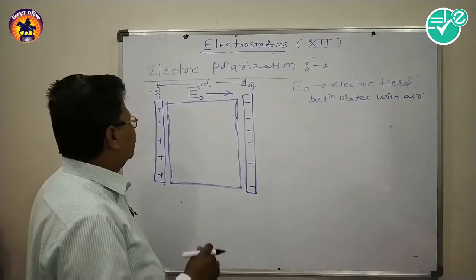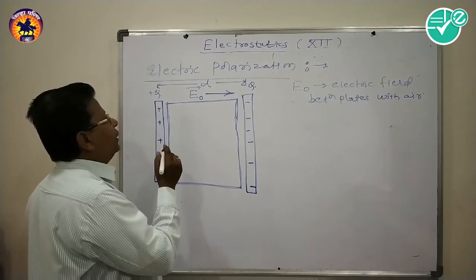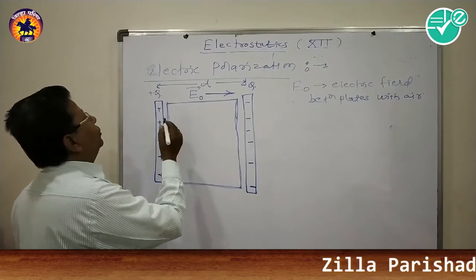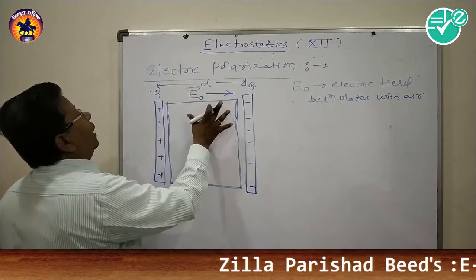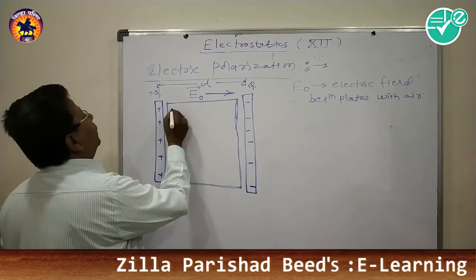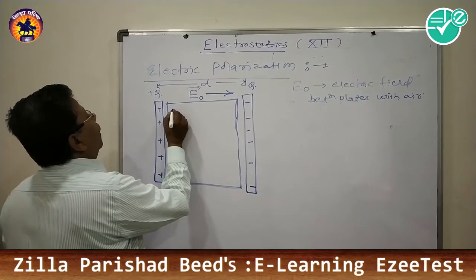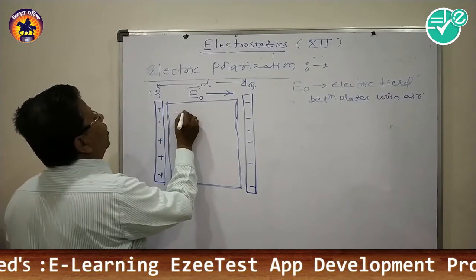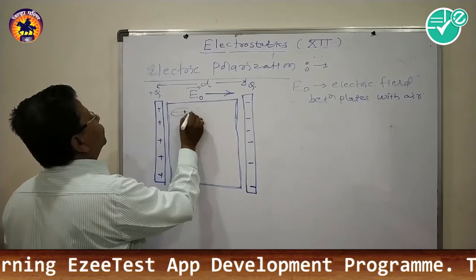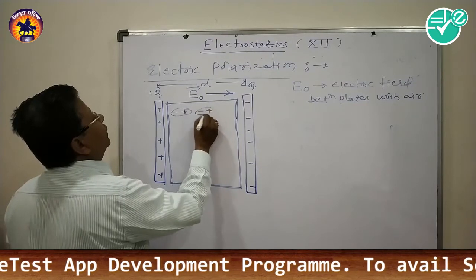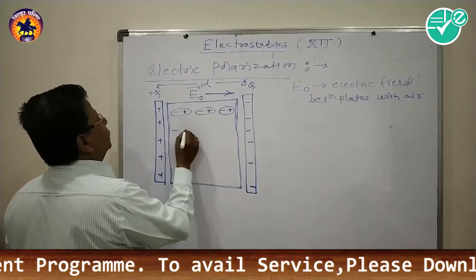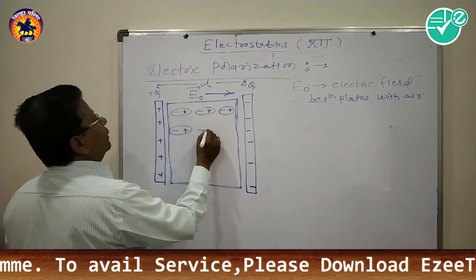So due to stretching and reorientation or displacement of the negative and positive charges inside this dielectric, electric dipoles are produced.